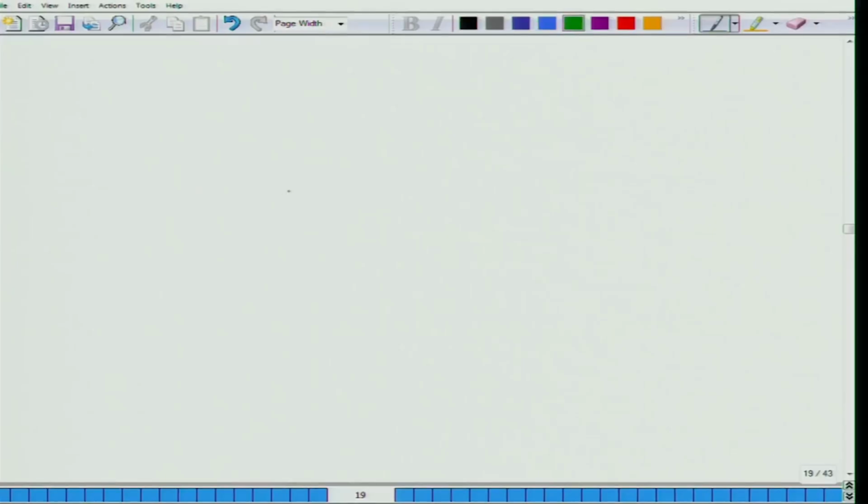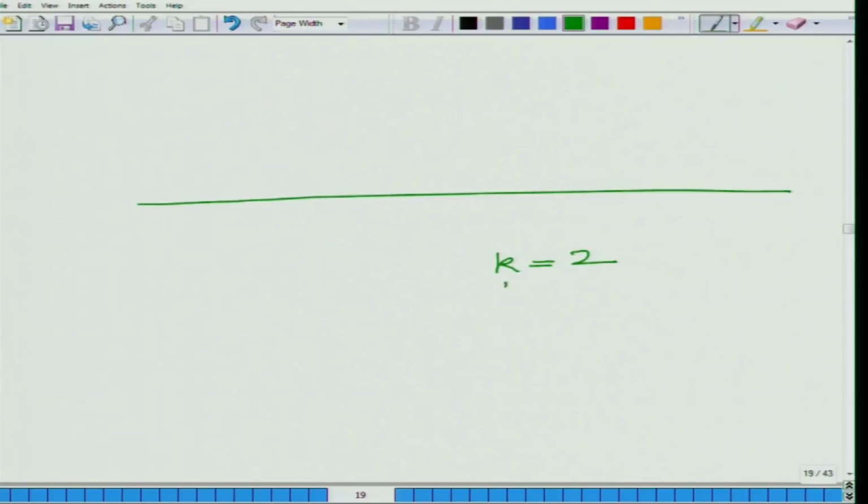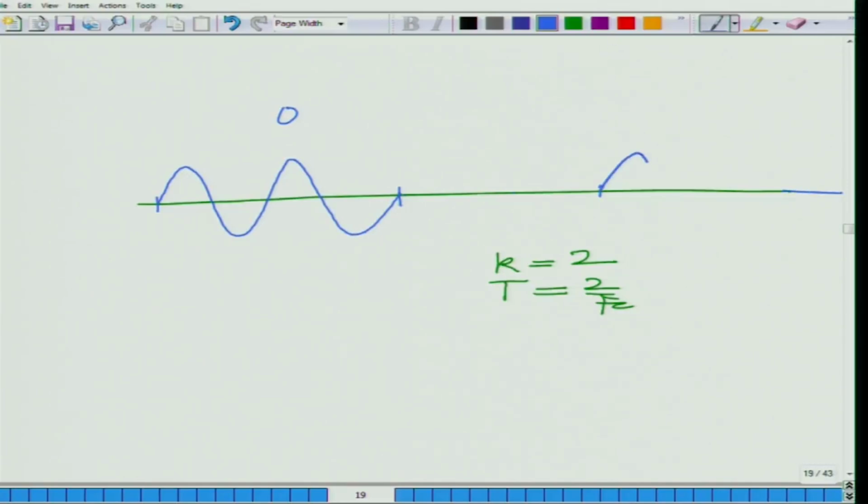So, the transmission looks like, for instance, assuming k equal to 2, which implies T equals 2 over fc. So, we have 2 cycles. This is, let us say, the transmission of information bit 0, then corresponding to the transmission of information bit 1, we will have the transmission of 0, and again corresponding to information bit 0 the signal is on.